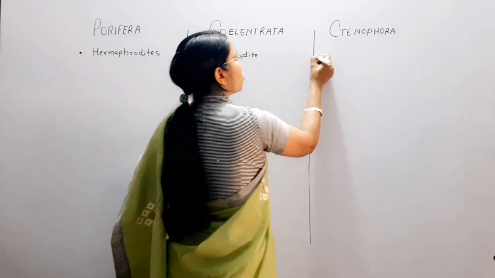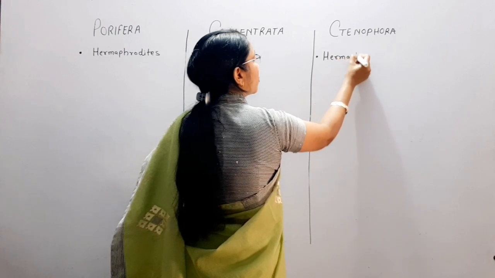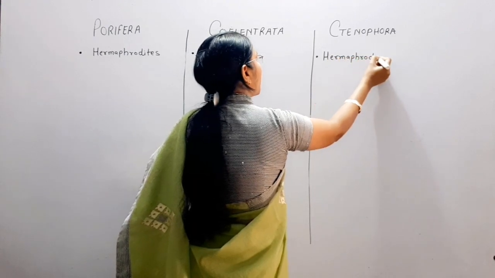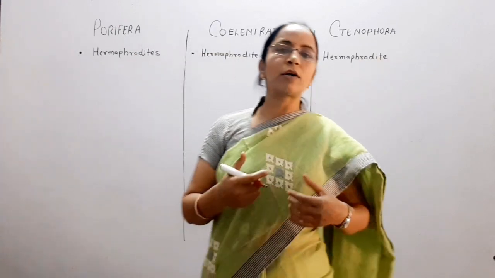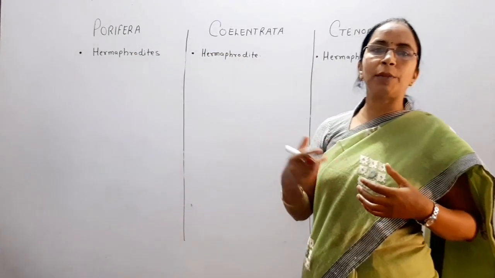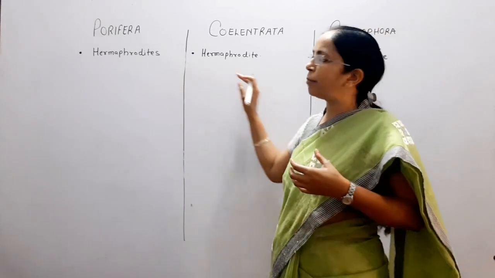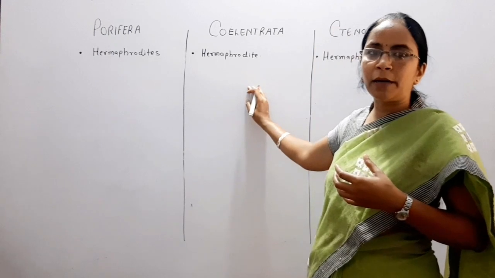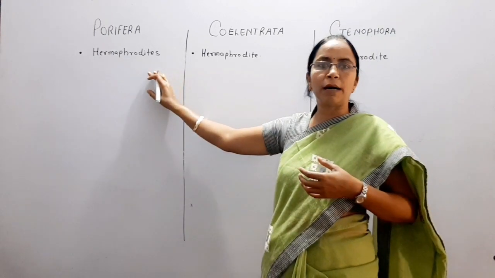And ctenophores are also hermaphrodite. Remember this part very well, because sometimes a number of examples are provided and the question asks for picking up the hermaphrodite or bisexual individuals. So the first three phyla that you are studying include all animals which are hermaphrodite.